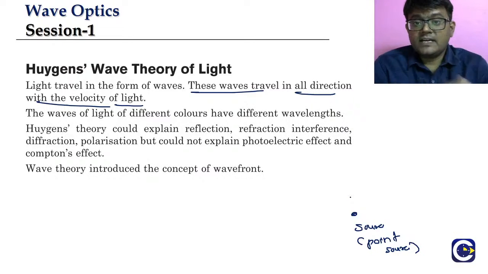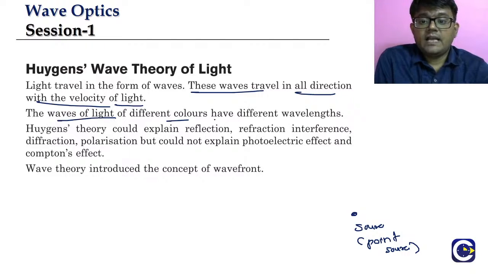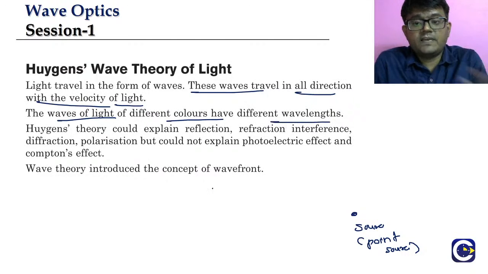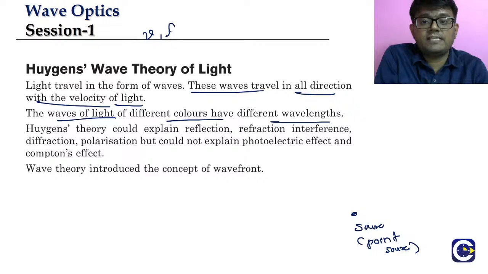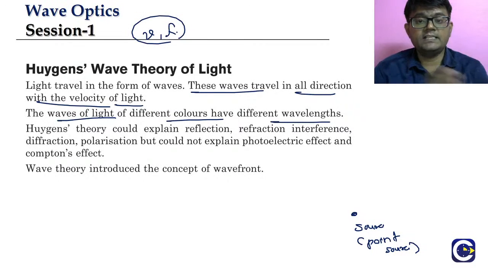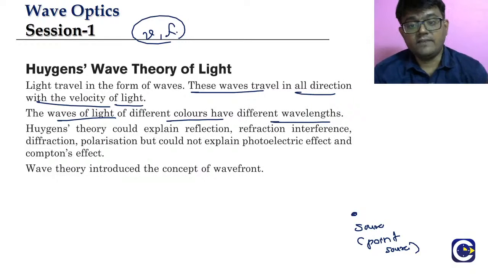The differently colored lights will have different wavelengths, because every wave has a frequency and wavelength. So the difference is that different colored lights have different wavelengths.